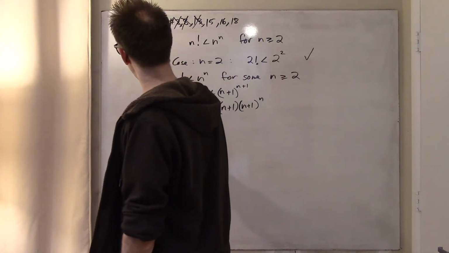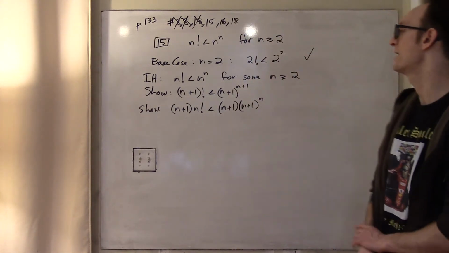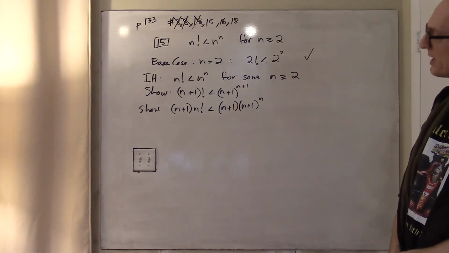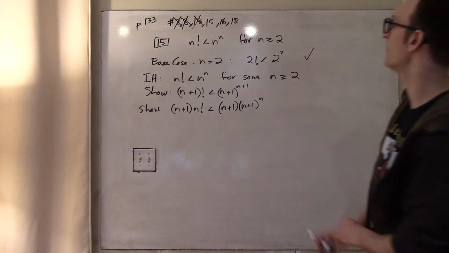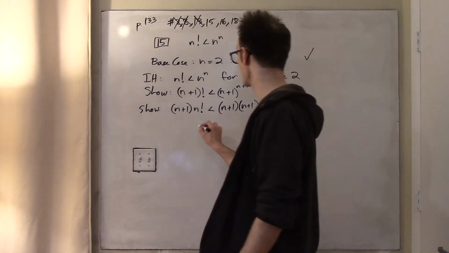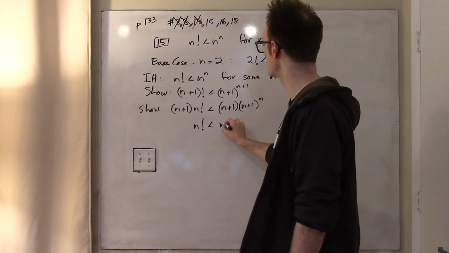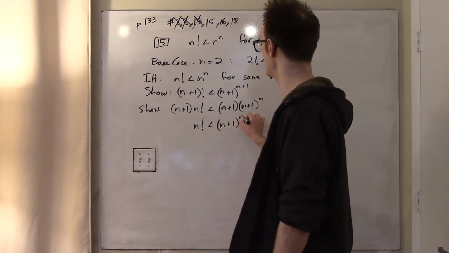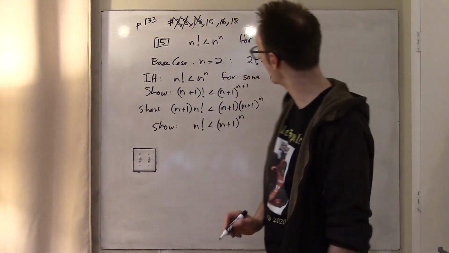And I like to be very careful and continue writing the word show at every step, just to remind myself that I haven't proved this yet. This is just the thing that I want to prove. Alright, well, for simplification purposes, I can divide both sides by n plus 1. And so it suffices to show that n factorial is less than n plus 1 to the n. This is now what I need to do, so I'm sort of working backwards.